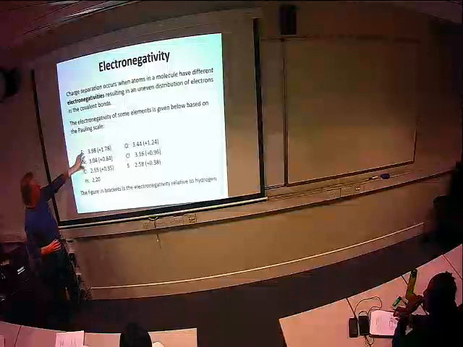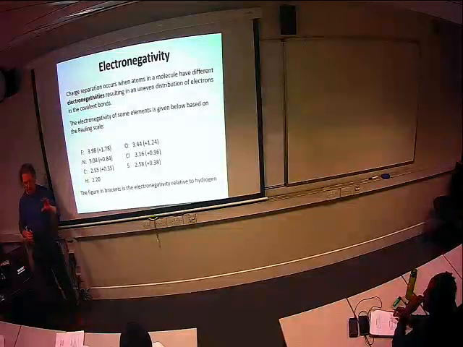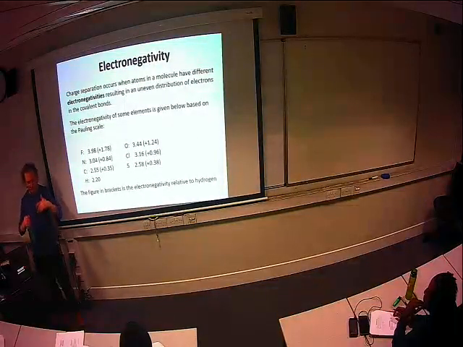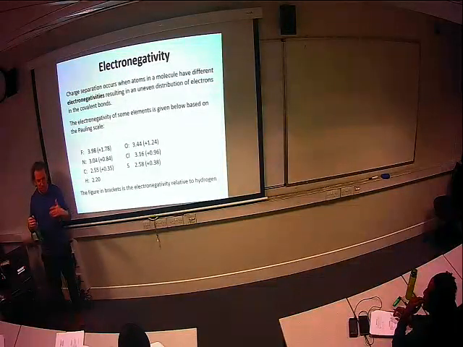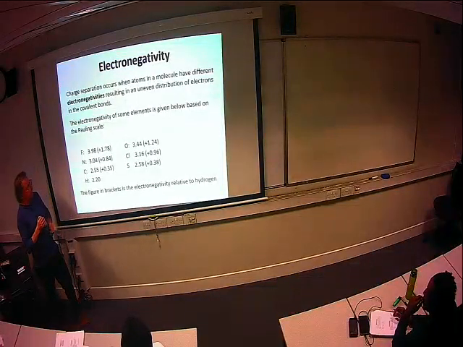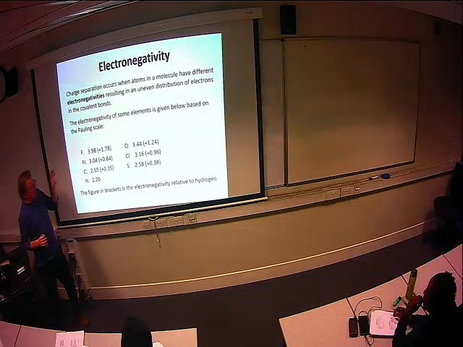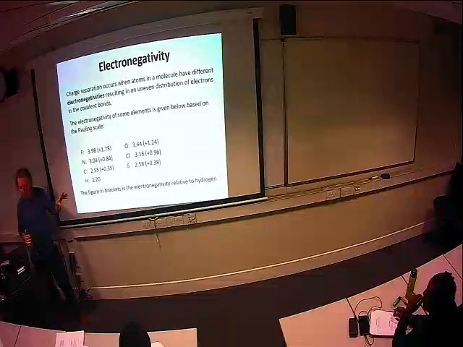You can come up with these numbers in various different ways of processing all of the chemical data that's available. There are different ways of calculating these numbers, but the trends are always the same.